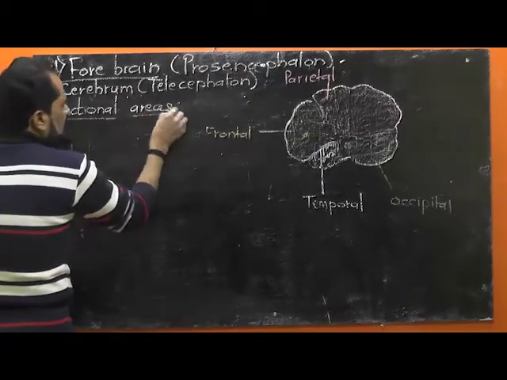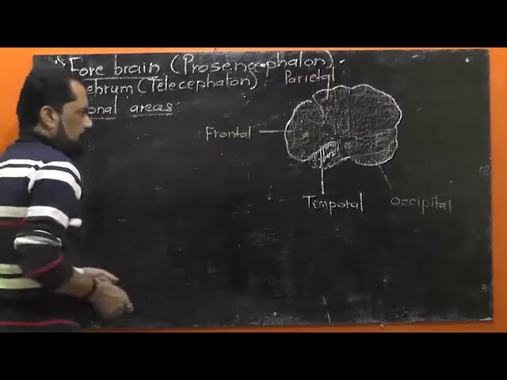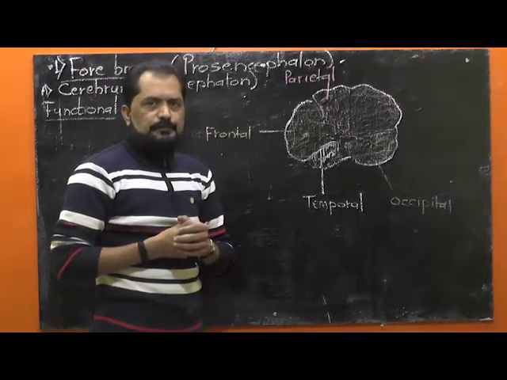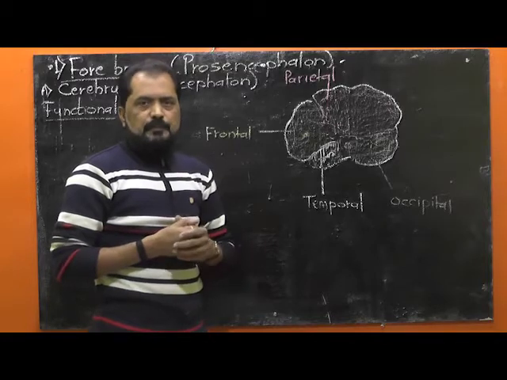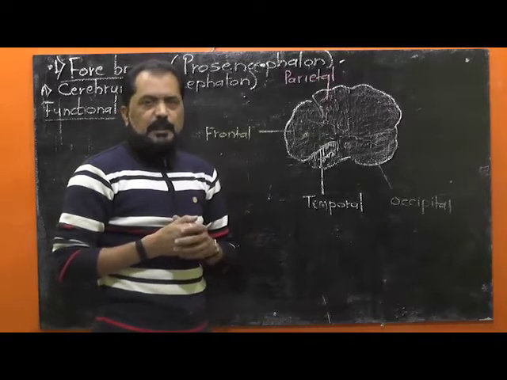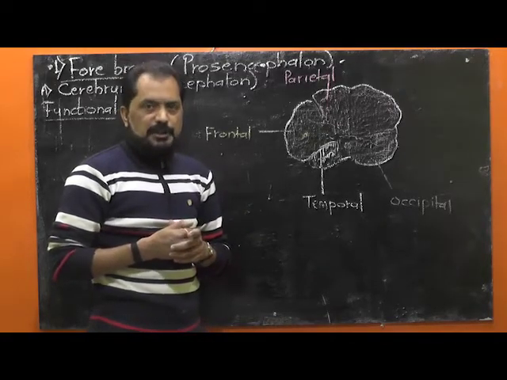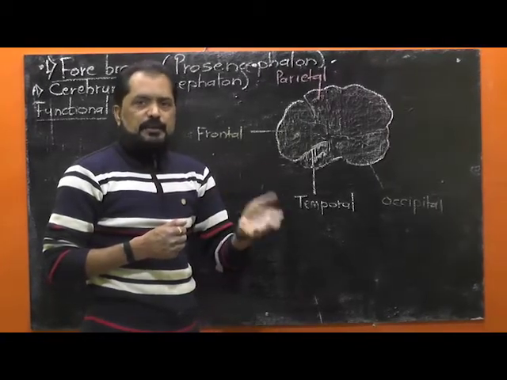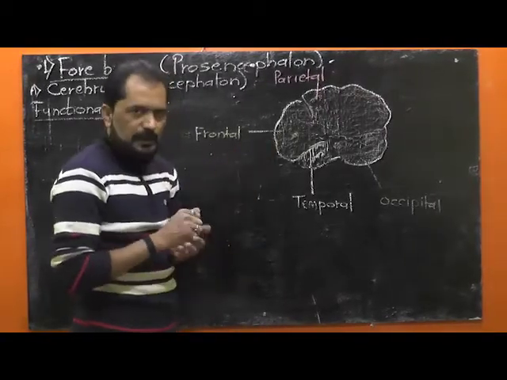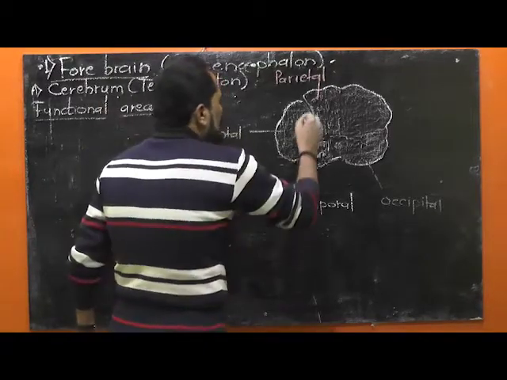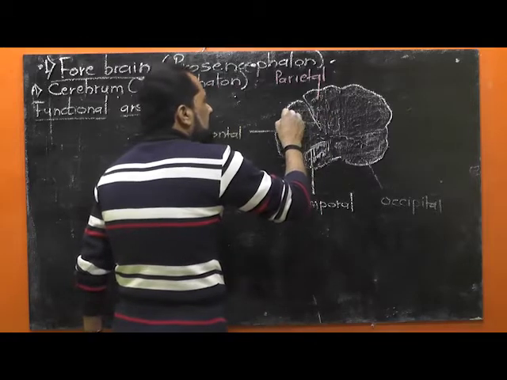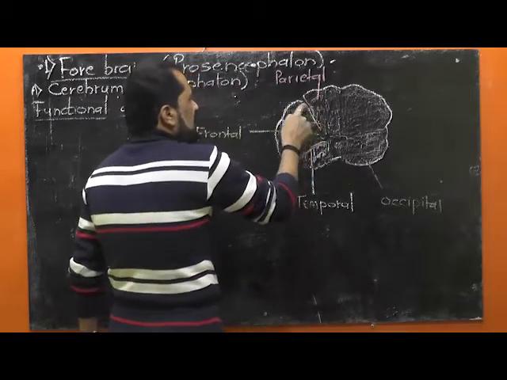सुरुवातीला आपण या ठिकाणी फ्रंटल लोबचा विचार करूया. The frontal lobe shows motor area, premotor area and motor association area. Let me tell you about the function of those different areas. Look at the diagram. The motor area is present just on the front side of the central sulcus.